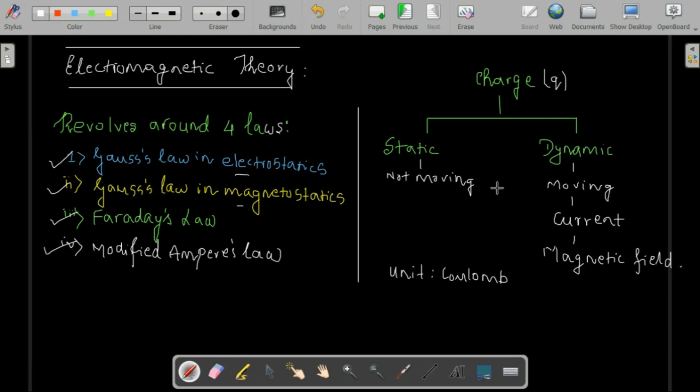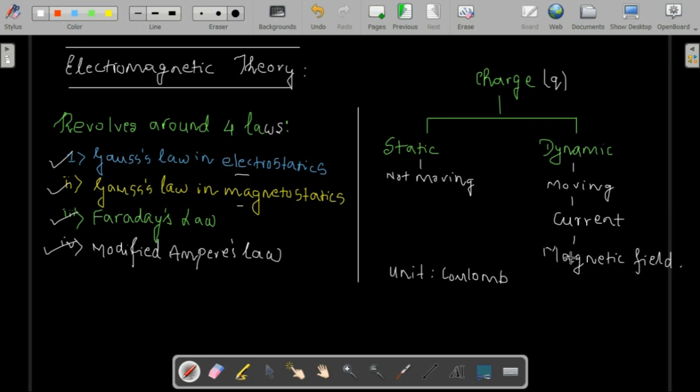When we are talking about static charge, mostly we talk about terms like electric field, electric force, and so on. And when we talk about dynamic charge, we talk about moving charges, which obviously gives me current. This current will be affected by the magnetic field. In fact, this current itself will give rise to a magnetic field.